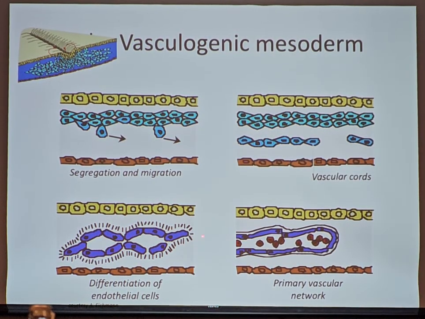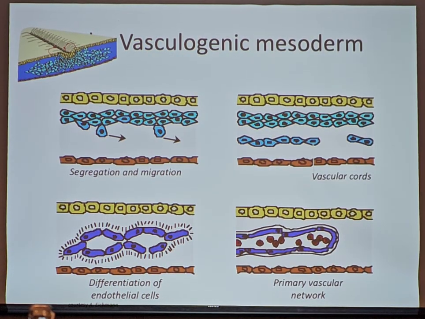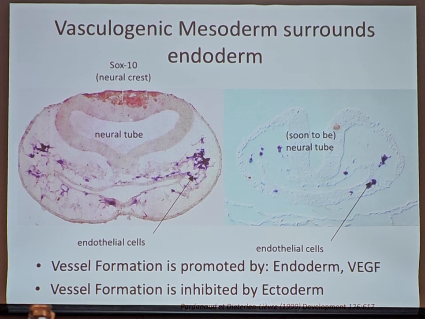Of interest, the same progenitor vascular cord cells that will make the blood vessels will also make your erythrocytes, your corpuscular blood elements. And this vasculogenic mesoderm is promoted by endoderm. This is why the migration is towards the endoderm.